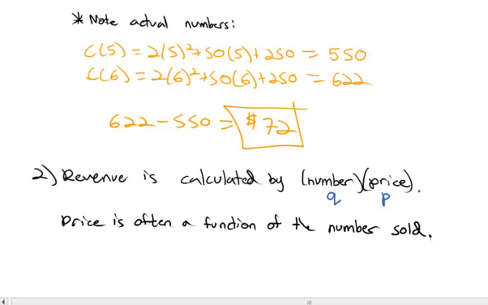And that makes sense if you think about it. The higher the price, the fewer you'll sell. The lower the price, the more you sell. Yes, that oversimplifies economics a bit, but the principle is still there. Price is a function of the number sold. This number sold, this is called the demand function.